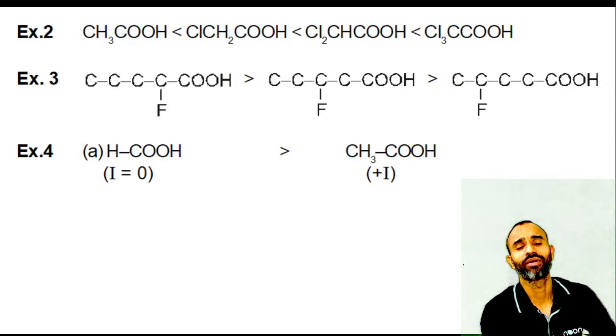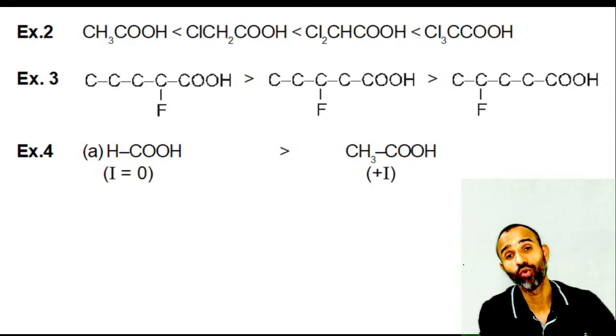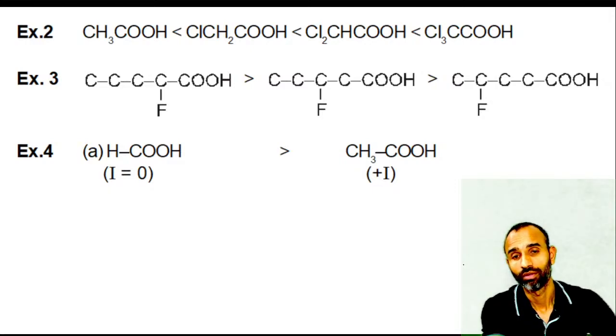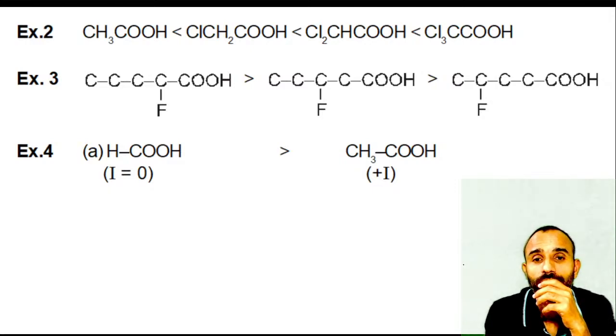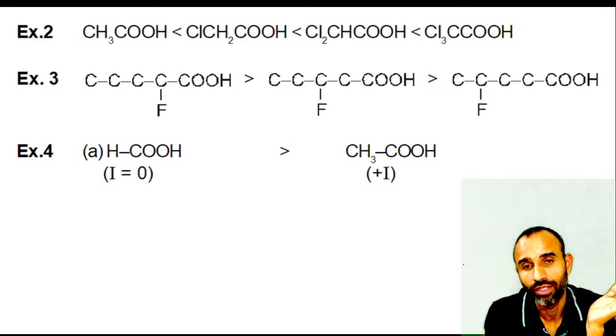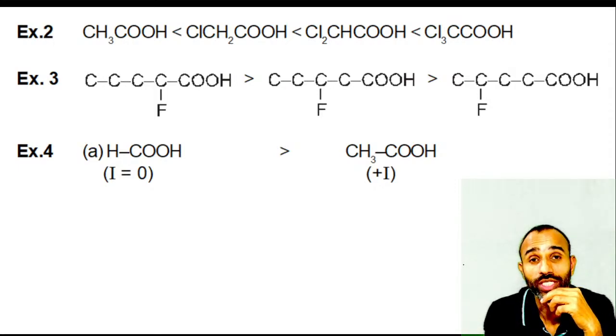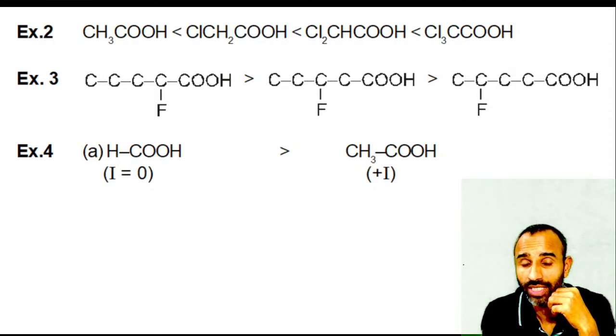So here when you increase the withdrawing groups, 1 chloro, 2 chloro, 3 chloro, acidic strength increases. Fluoro, if it moves away from COOH, acidic strength decreases. HCOOH is more acidic than CH3COOH.